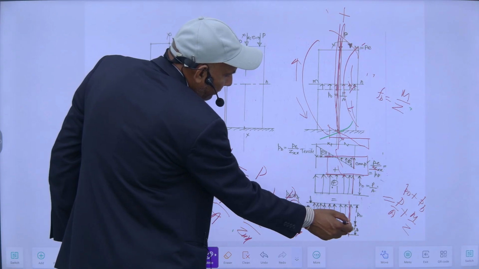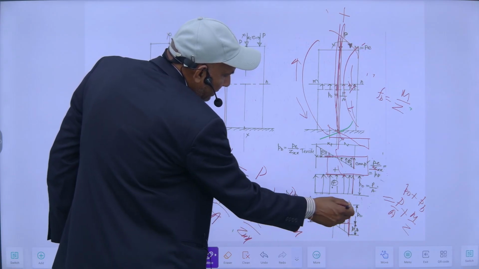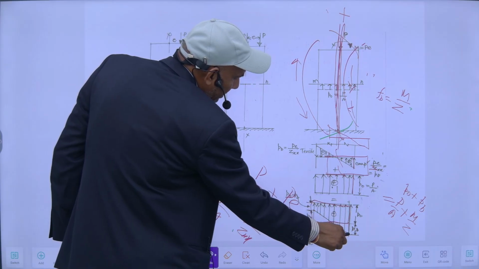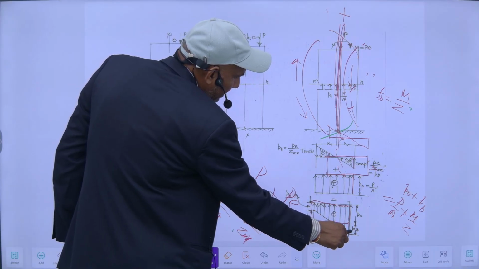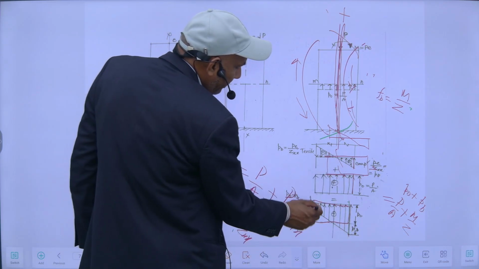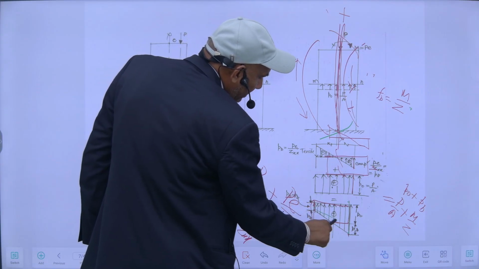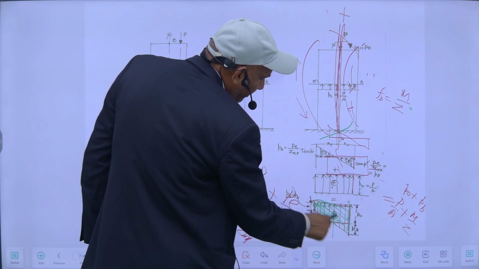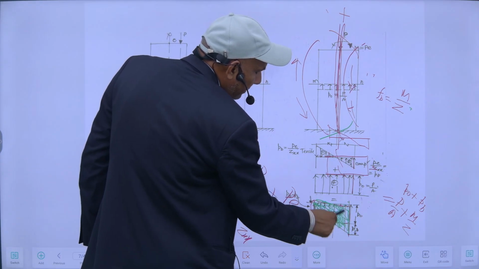These are my tensile stresses. If I combine both together, it will be like this. So this is the final stress diagram.